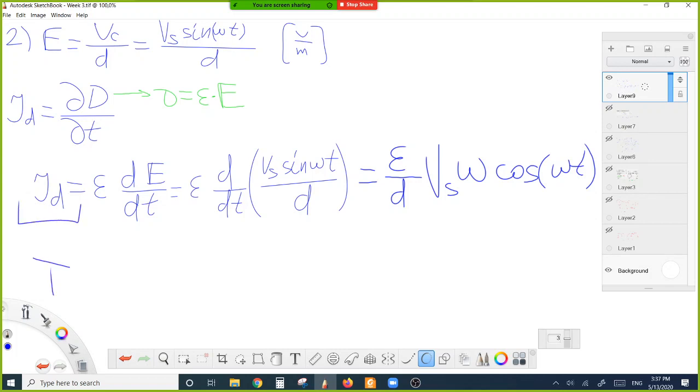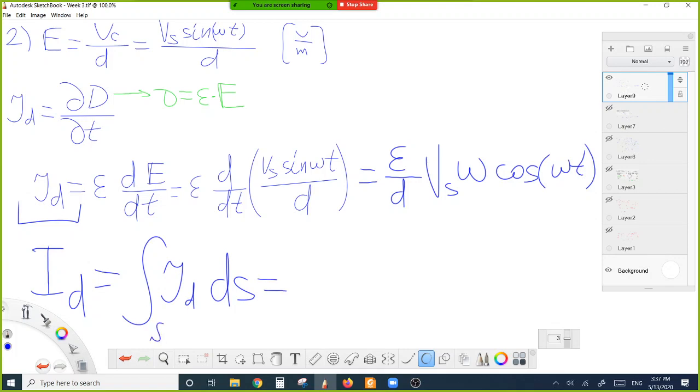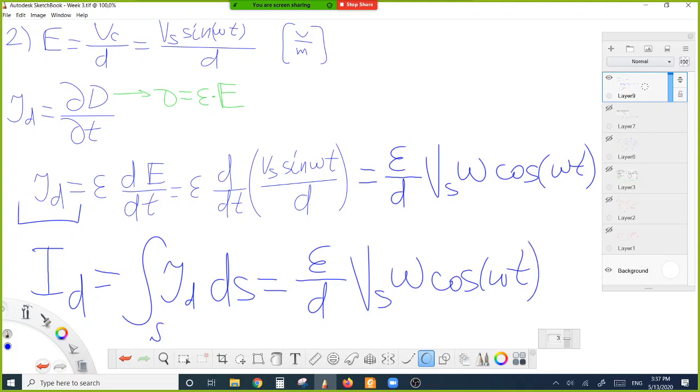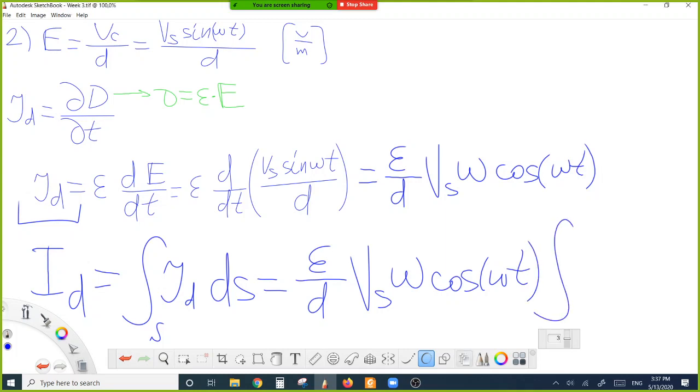Now we can compute ID, which is the integral of JD over the surface S, and is equal to epsilon over d Vs omega cosine omega t multiplied by the integral over S of dS.